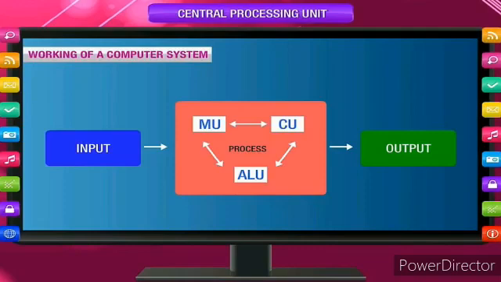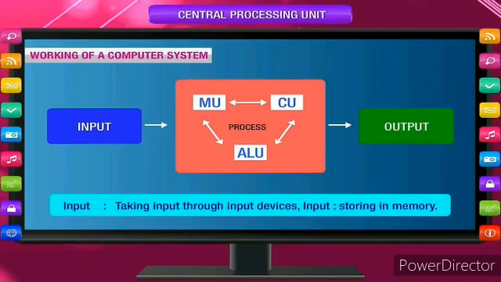Working of a computer system. The three main activities of a computer system are as follows. First, input: taking input through input devices and storing it in memory.